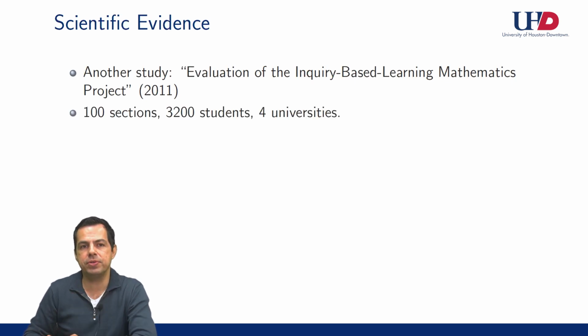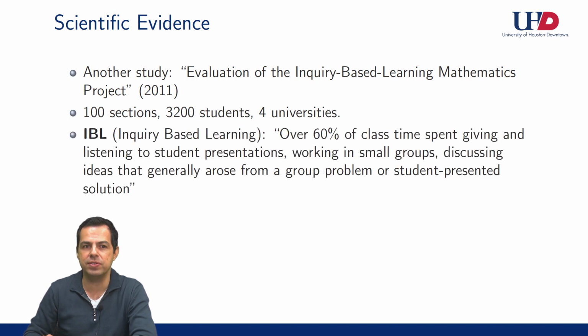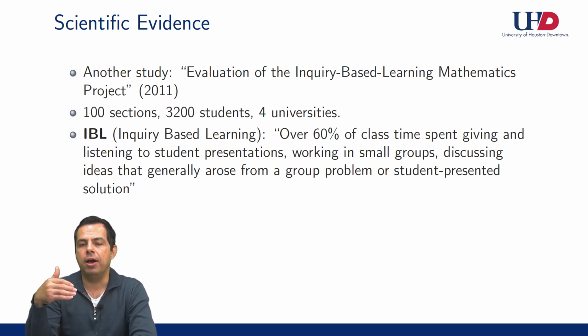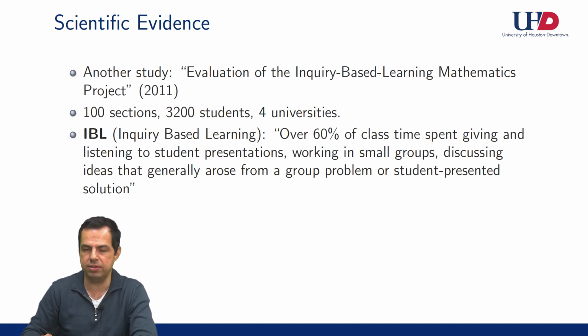They captured data for 100 sections, 3,200 students, and 4 universities. And IBL, also known as active learning, means over 60% of class time spent giving and listening to student presentations, working in small groups, discussing ideas that generally arose from a group problem or student-presented solution.